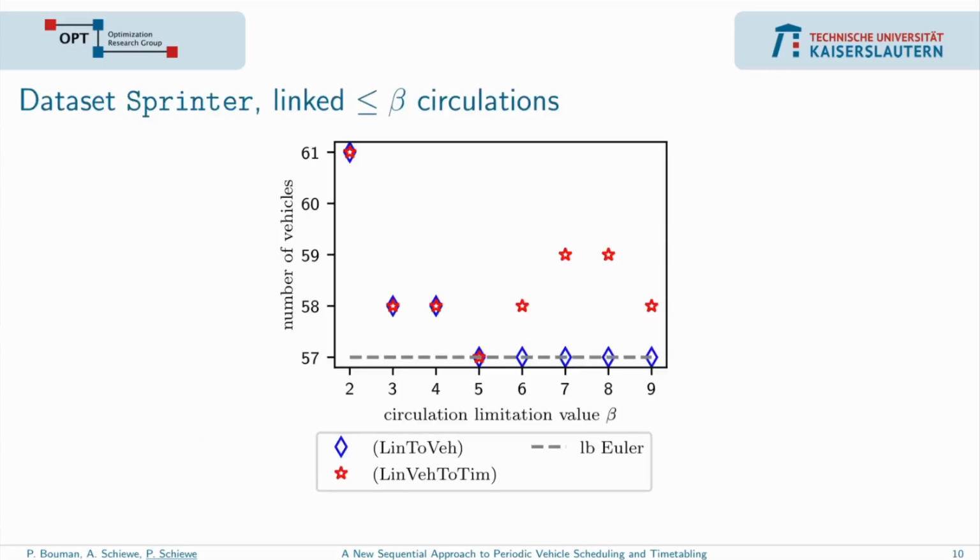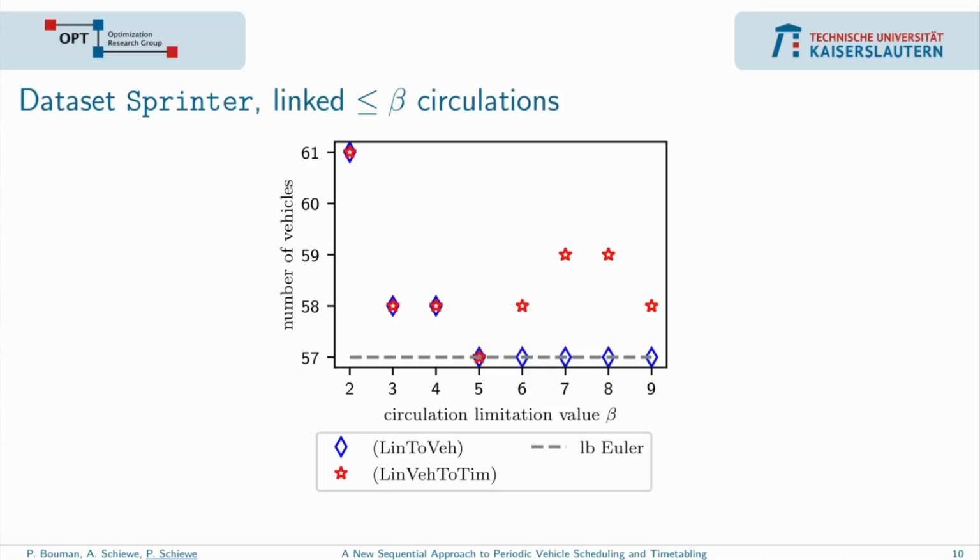I wanted to present one example evaluation for the data set Sprinter and linked circulations of at most beta unique lines, and all the other evaluations show very similar results.